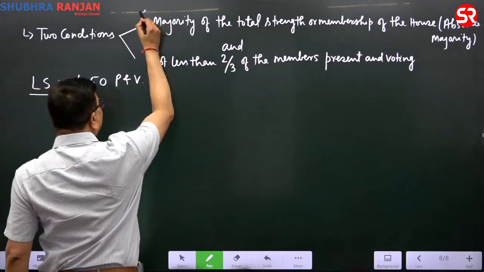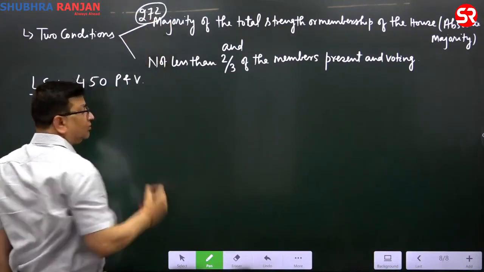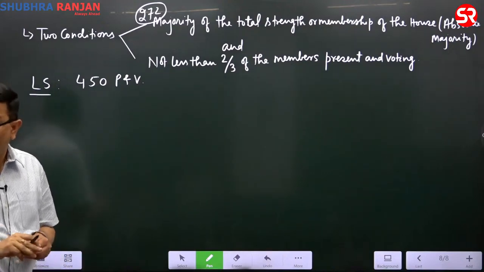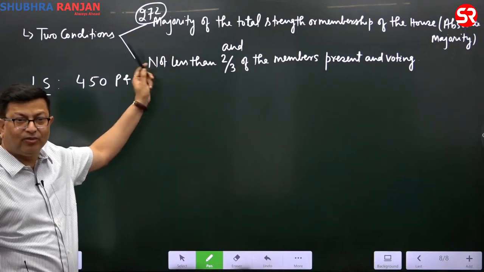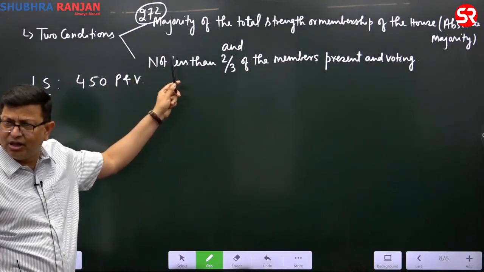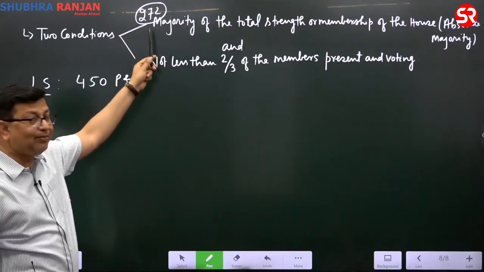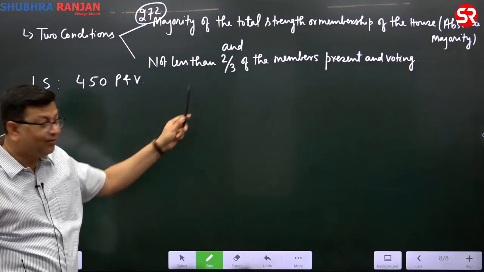So here, the first requirement is 272. Why? Because in the Lok Sabha, 272 is the absolute majority. This is fixed, so this number has to be there. It means this many people must be supporting the bill which requires this majority.